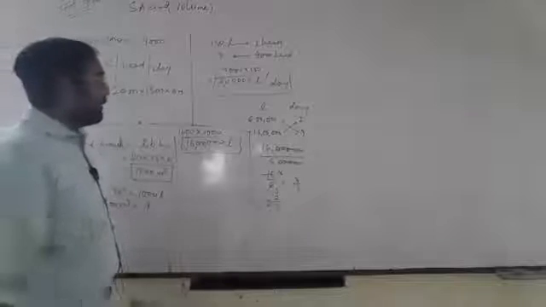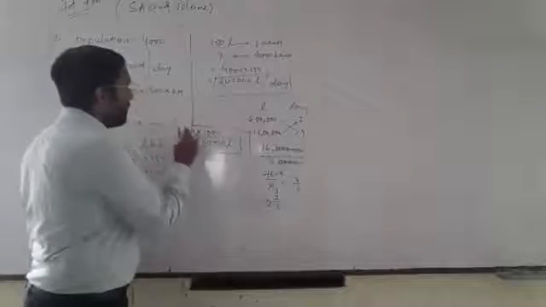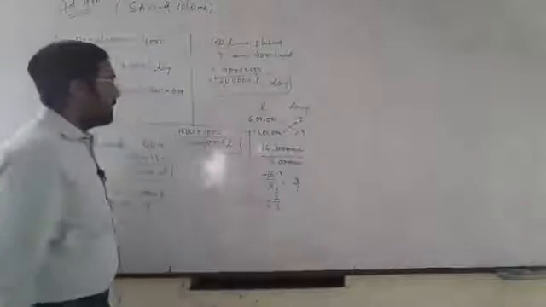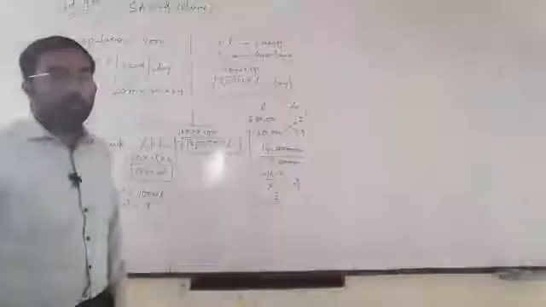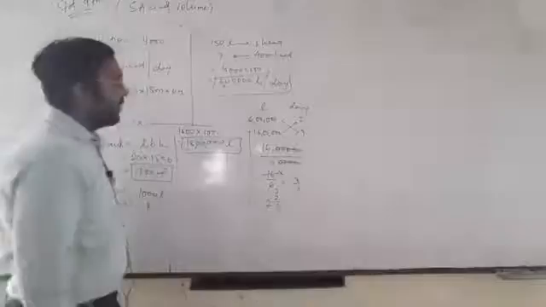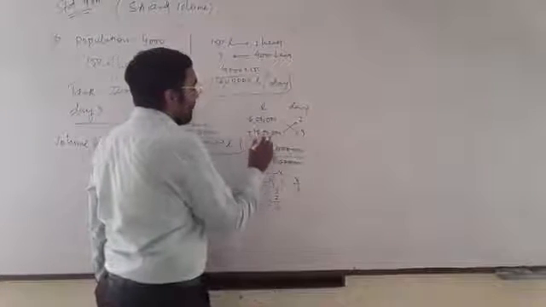So for that 1800 meter cube, now I'll multiply it with 1000. So my answer is 18 lakh liter of water available in the tank.